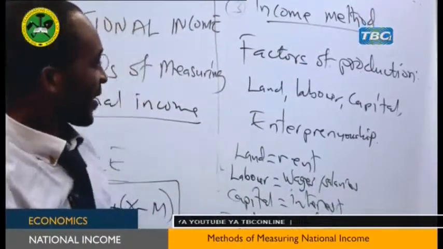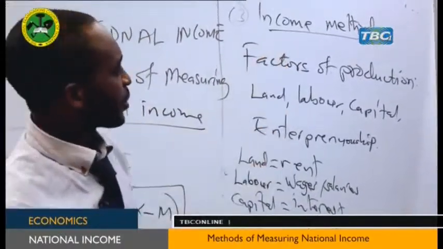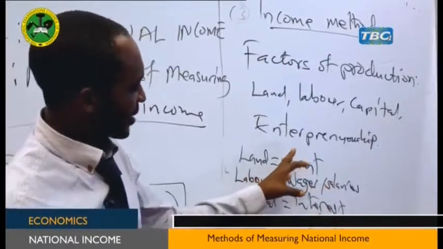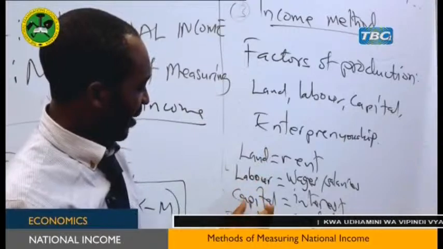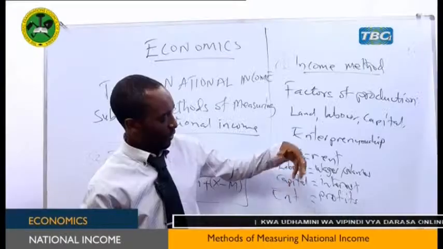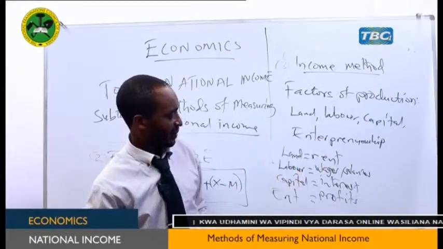So to find the national income by the income method, you need to add all these incomes which land, labor, capital, and entrepreneur receive for providing their services.